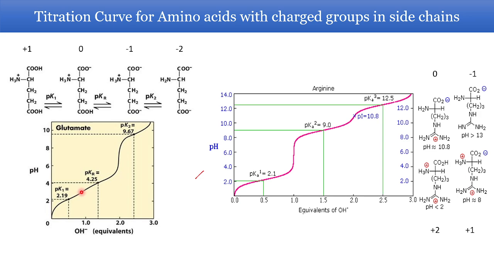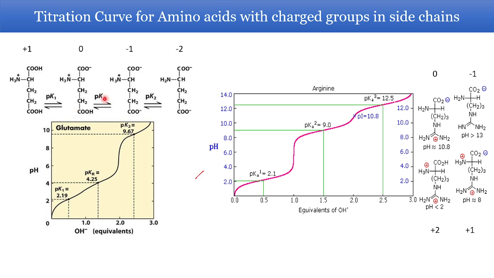At this point you get a neutral species, because the replaceable hydrogen on the carboxylic group attached to the alpha carbon starts to get exchanged, and when it does, it forms a zwitterion.